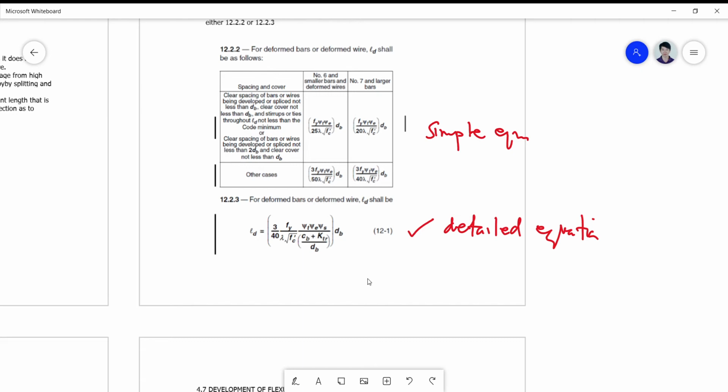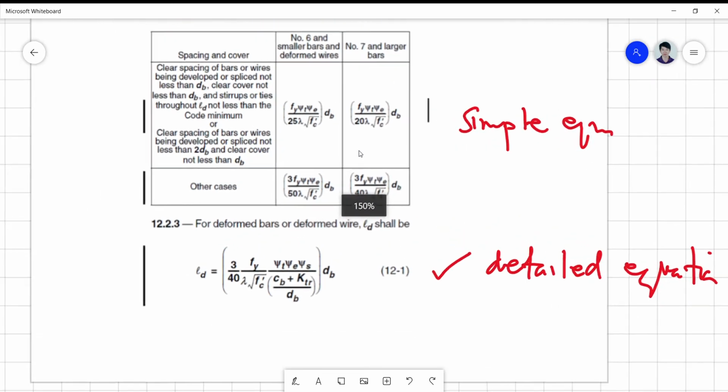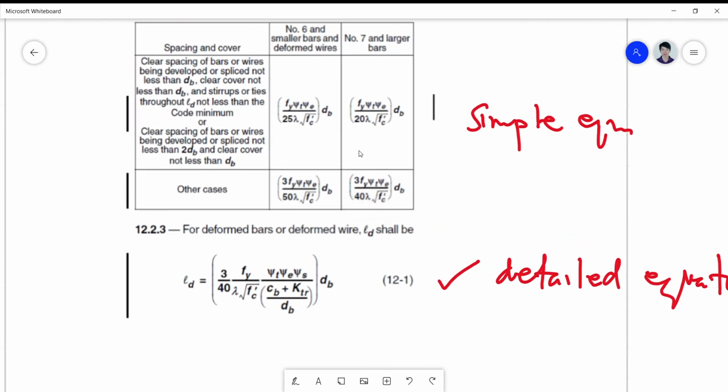The only difference is that for section 12.2.2, the equations are actually simplified in a table wherein the values of your factor psi s, which is the reinforcement size factor, is actually included in the derivation of the equation.